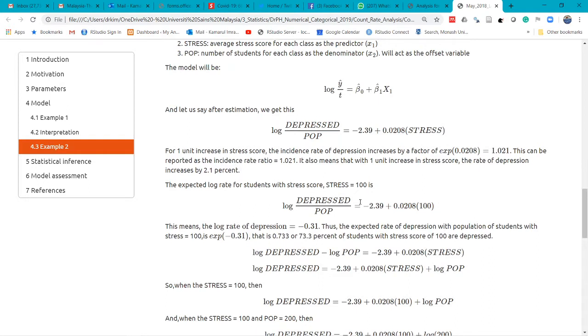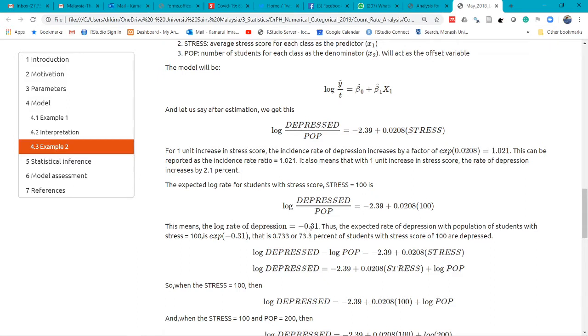So if the stress score is 100, then exponentiate 1.021 to the power 100. I think something's wrong here, right? Exponentiate the log rate of depression.